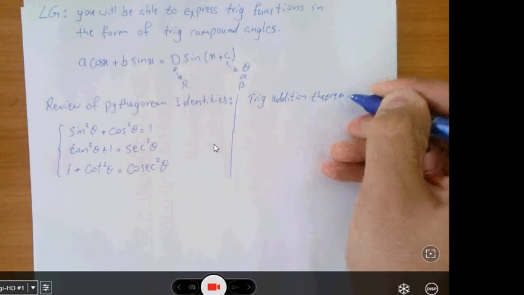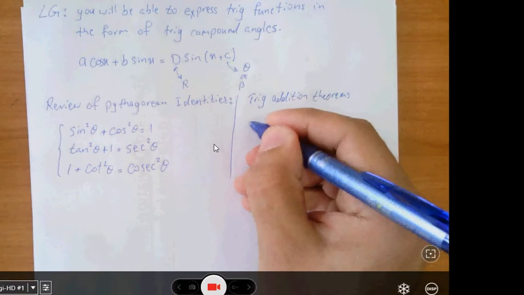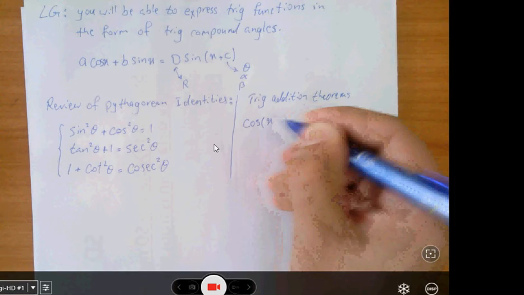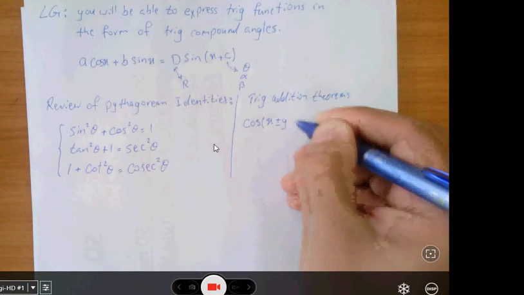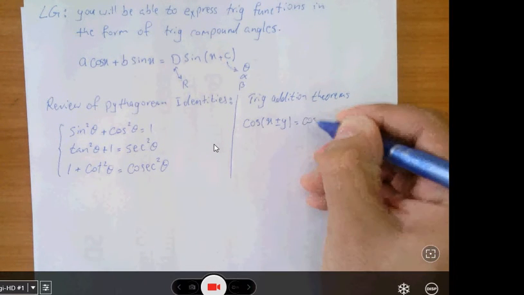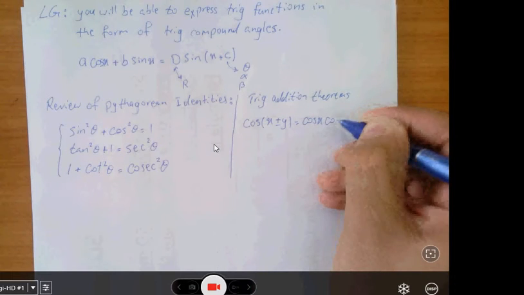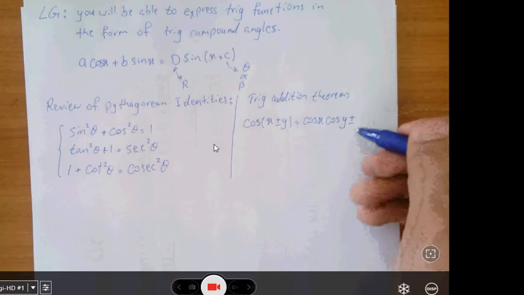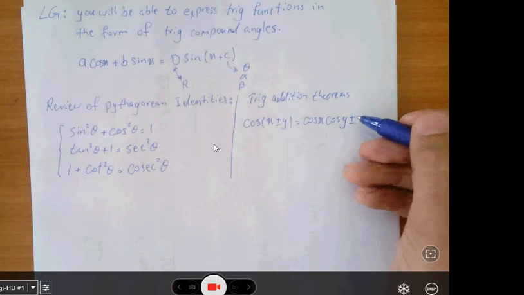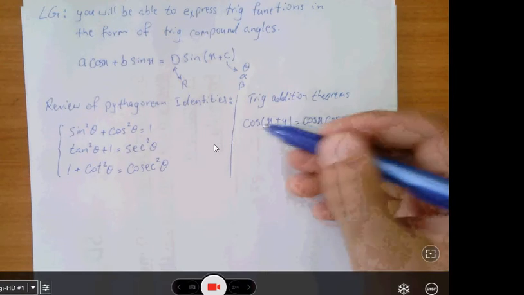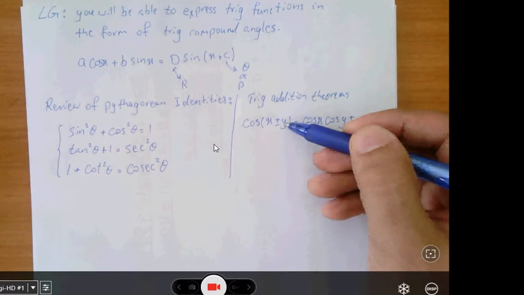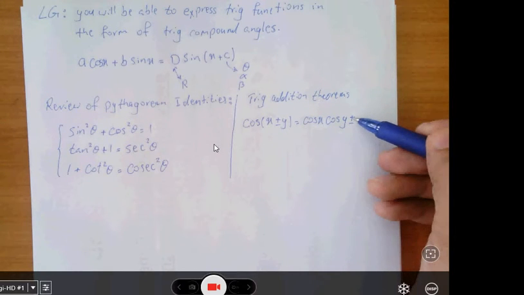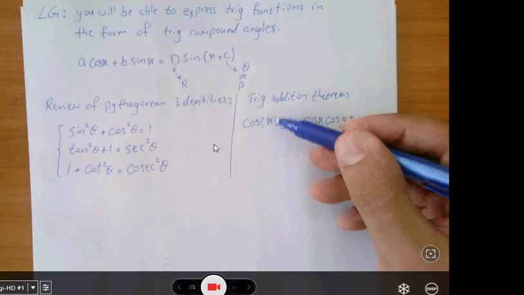And again, it's a very lengthy process of proving these things. Cos of x plus minus y equals cos x cos y, and minus plus, and be very mindful of the order of the plus and minus. So if you have cos x plus y, this will correspond to cos x cos y minus sine x sine y. You see where the signs are? They correlate. Good.